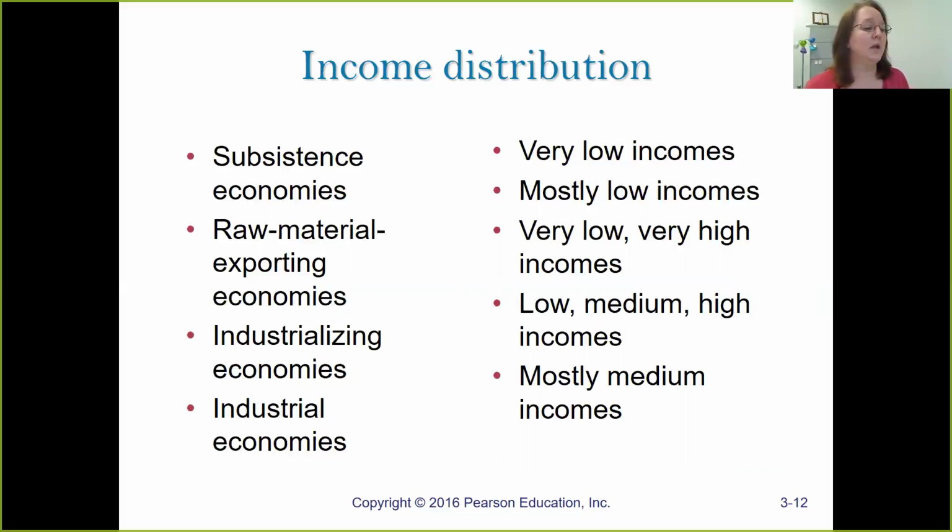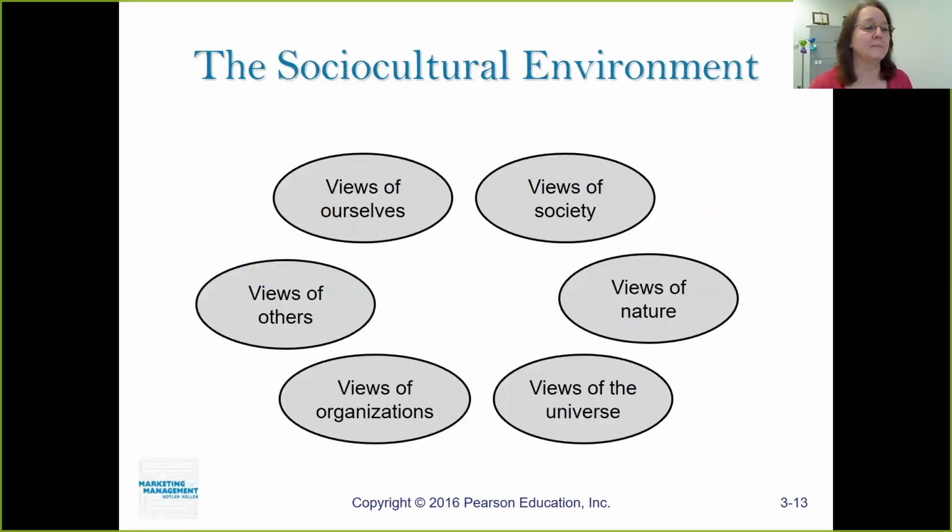How do we export raw material, economies that are dependent on the export of raw materials. Then we have the industrializing economies that are emerging. We've got the mature industrial economies. So those patterns of countrywide economics and financial standing of households influence the type of products, if you're in an international company, of what you would sell in those countries.